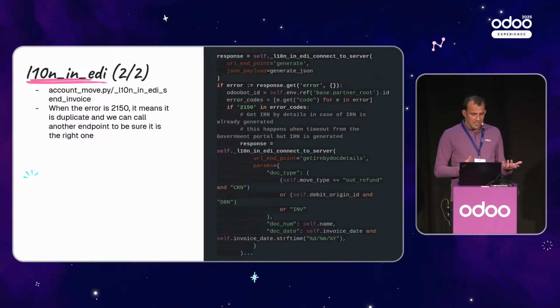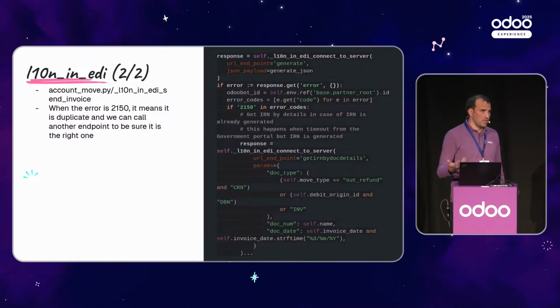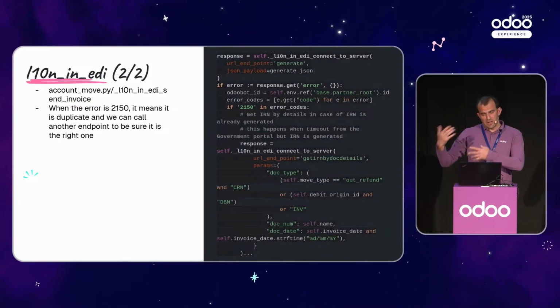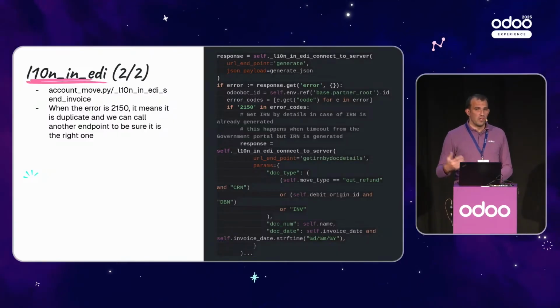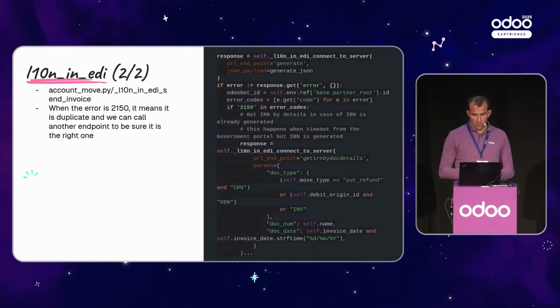It will not explicitly say this, but if you try again, the government will react with a 2150. And in that case, you can call another API endpoint to check if the invoice you sent corresponds to the one that you have in the government.